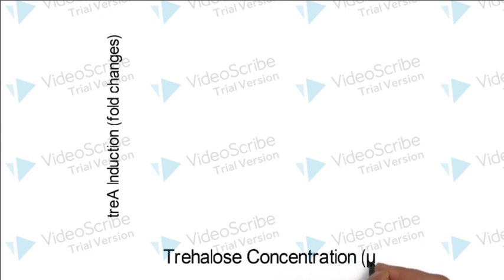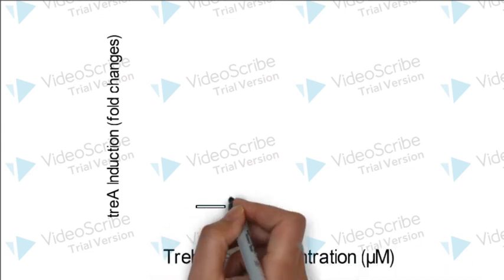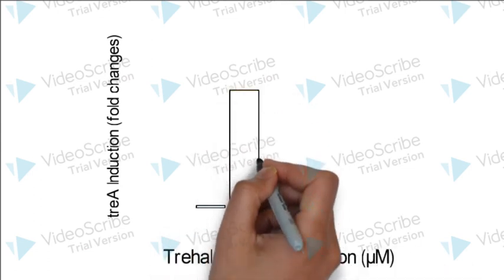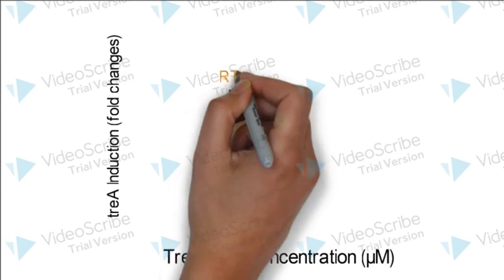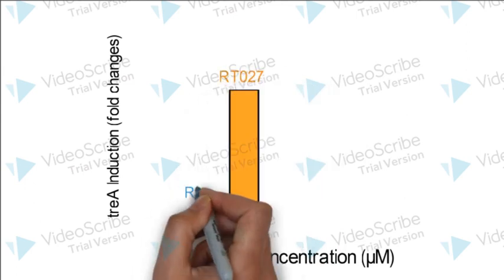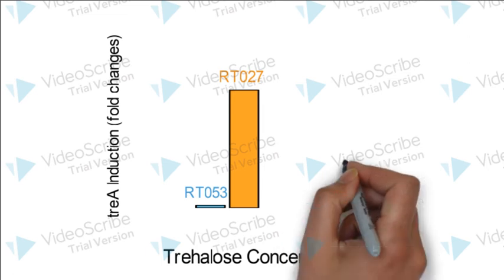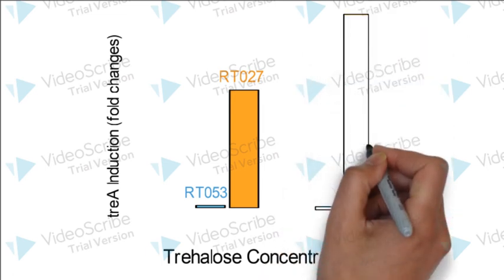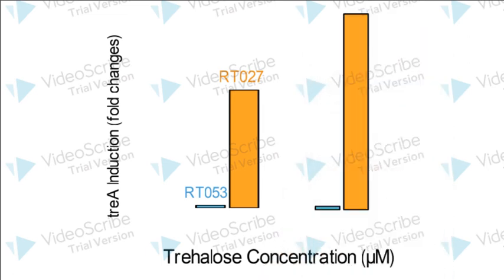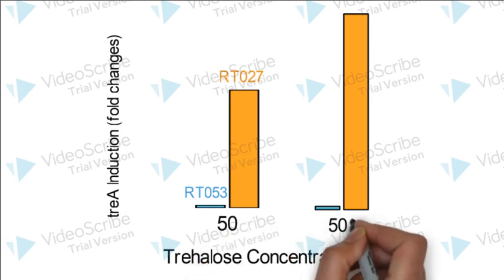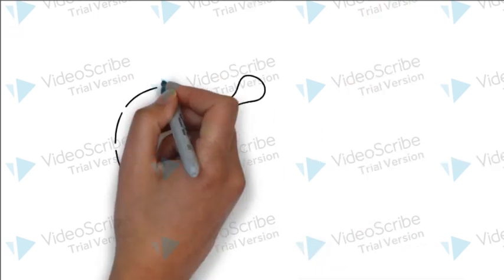To test this, ribotype 27, the virulent strain, and ribotype 53, a non-virulent strain, were placed in increasingly concentrated solutions of trehalose. Both strains contain the TreR protein and the Tra gene that is responsible for the trehalose regulation. The results showed that ribotype 27 was able to utilize trehalose at a rate 500 times higher than ribotype 53.